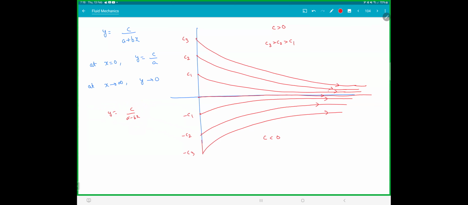As the value of X increases more and more, Y becomes negative. How does that look? For a positive constant, if you take C1 here, at some point Y will tend to infinity. You'll get a discontinuity here. When X is negative, there is a chance of the denominator becoming 0.